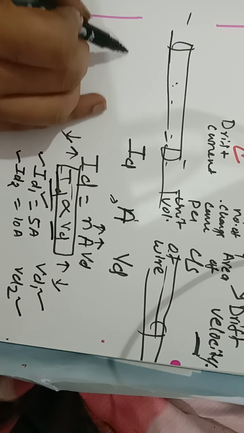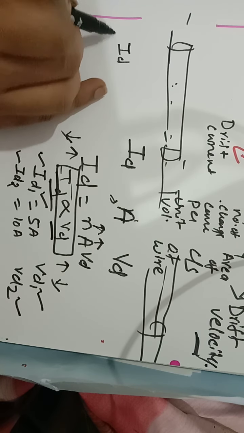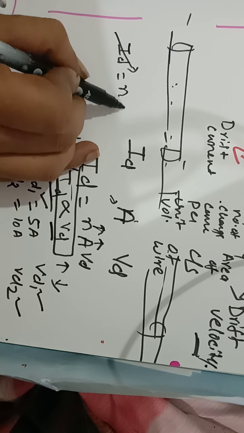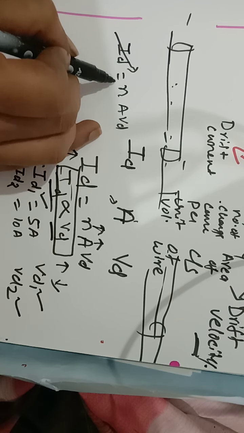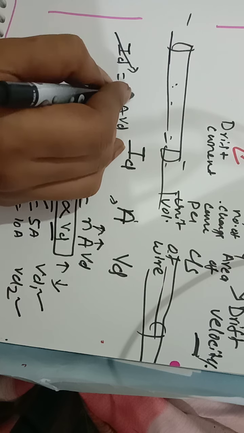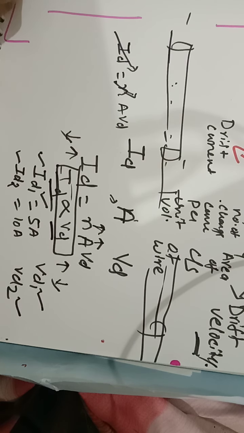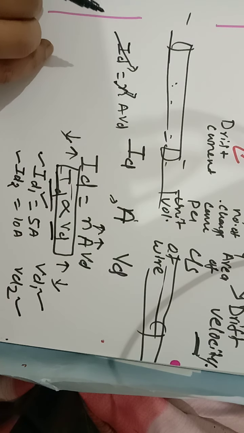Suppose current is the same in this expression, ID = nAVD, and since the wire is the same, the number of charge carriers per unit volume is the same; per unit quantities will be the same.